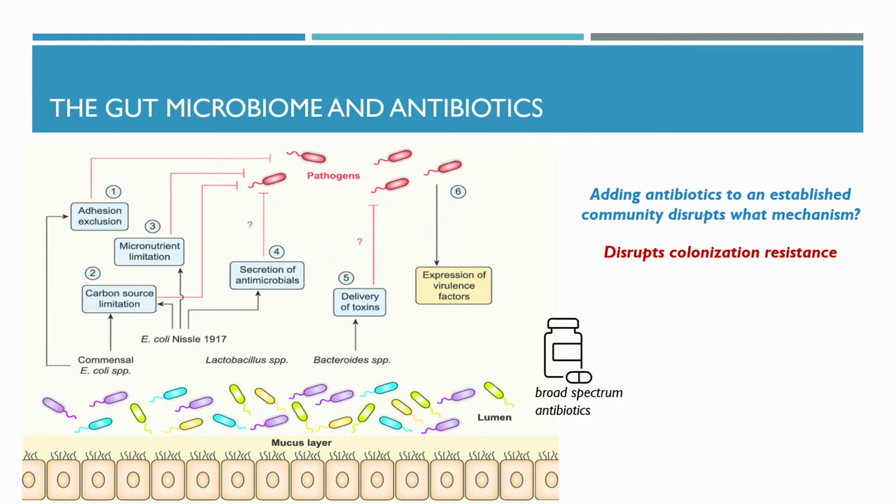This is why antibiotic use really can influence the development of secondary infections. One of those is the fungus Candida albicans, that I studied for my PhD. This is also a member of the indigenous populations, but it's kept at very low levels by these microbes.